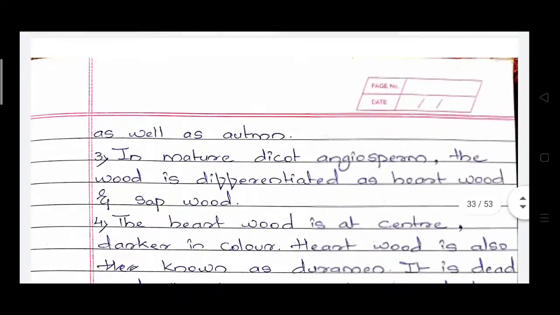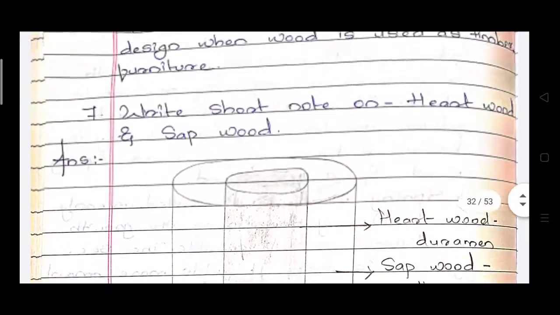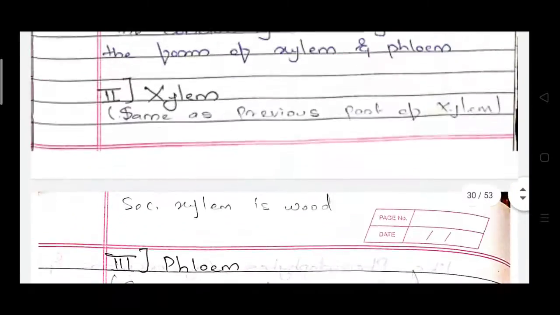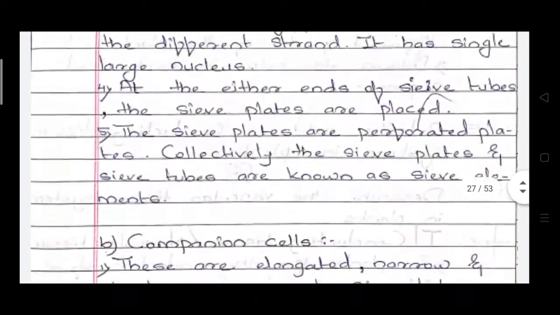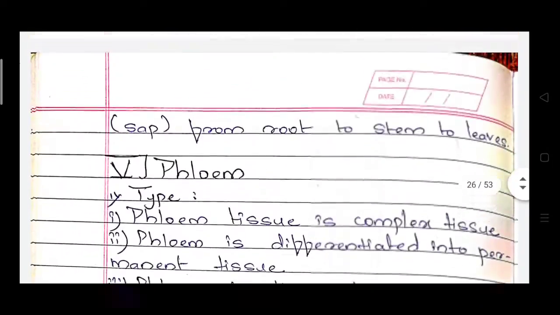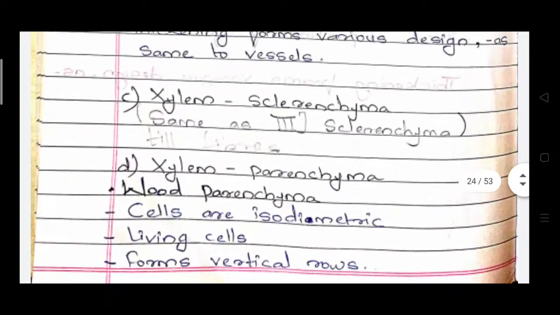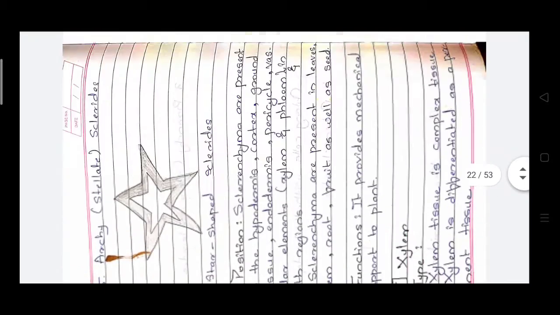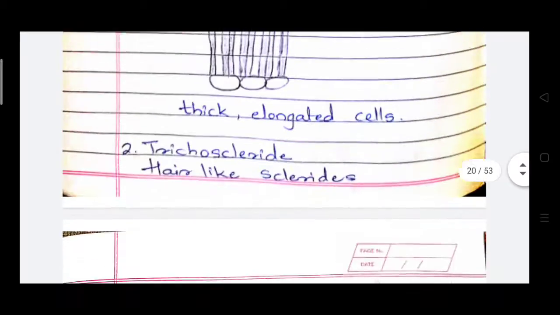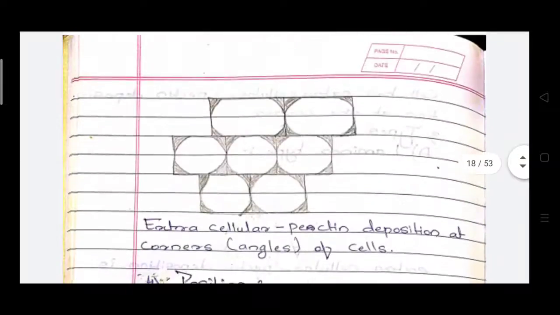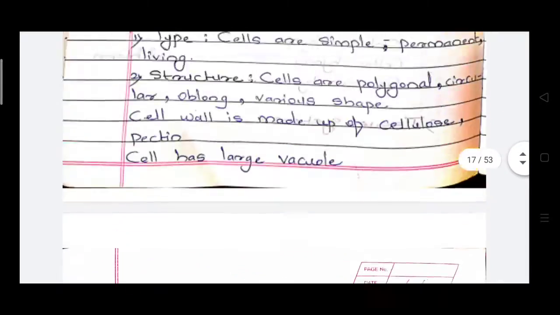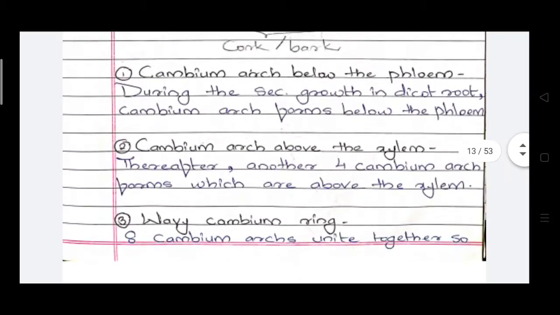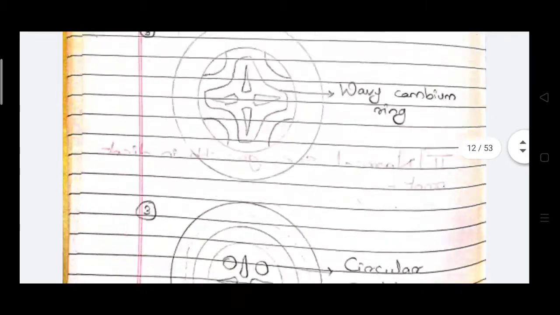Normal secondary growth in the dicot stem: first, the intrafascicular cambium is developed, that means it develops in between the xylem and phloem.